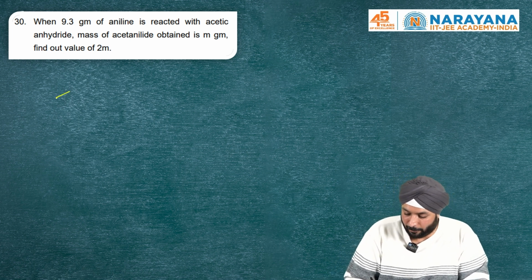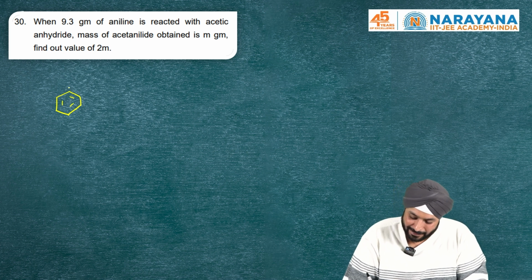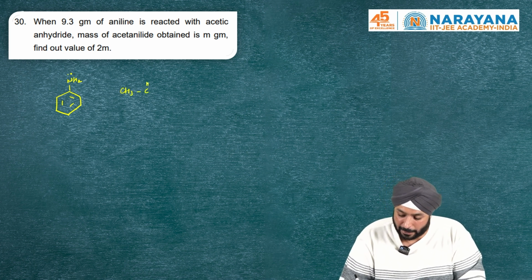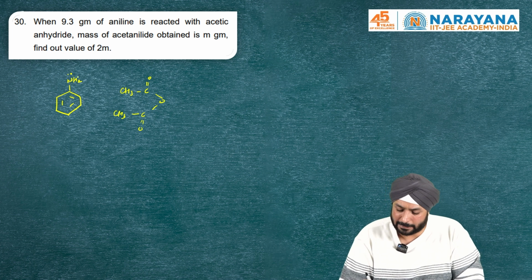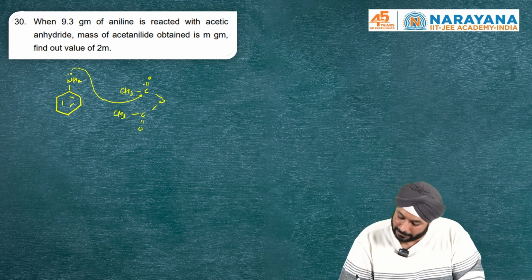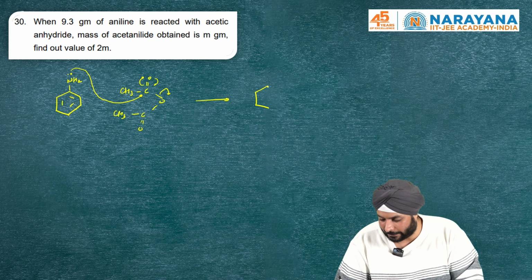Now you know that whenever you have aniline, in the protection of aniline, we generally react with acetic anhydride. When aniline reacts with acetic anhydride, a nucleophilic addition elimination reaction takes place, which results in the formation of acetanilide.